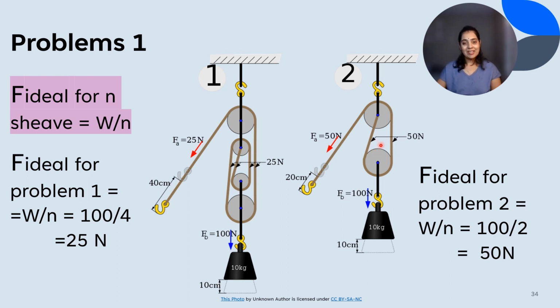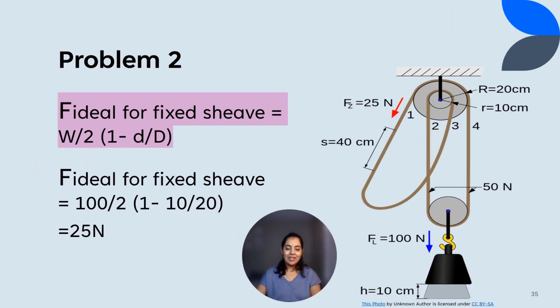Can you solve that? Now we will calculate F ideal for this differential pulley block, and in that F ideal for this fixed sheave or pulley.